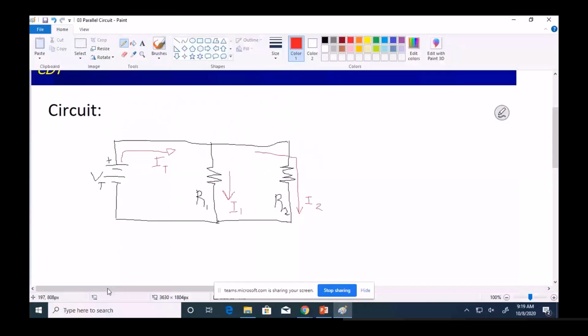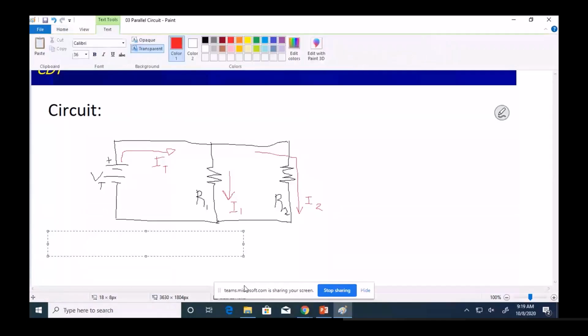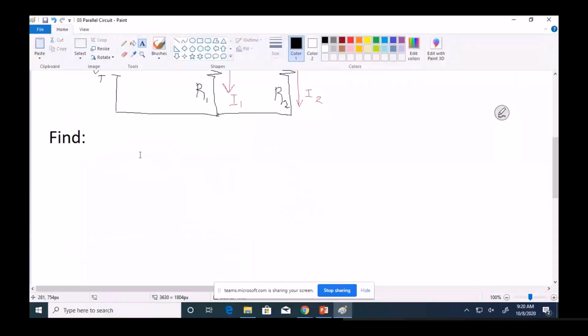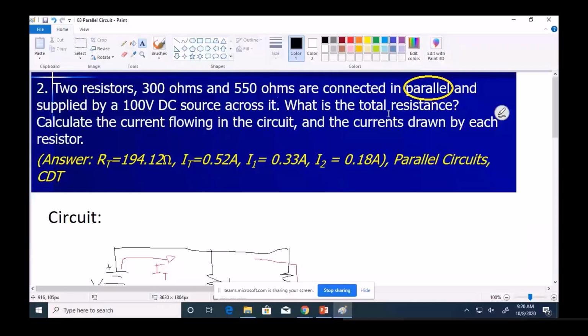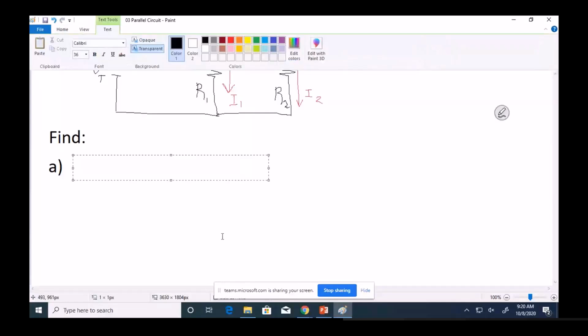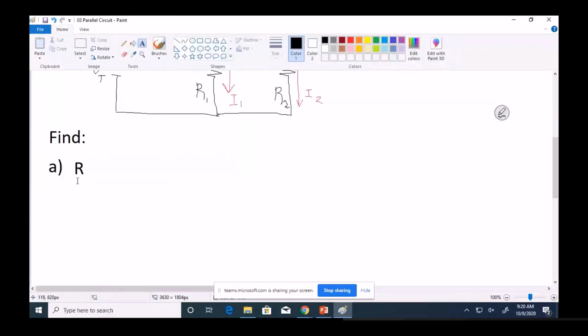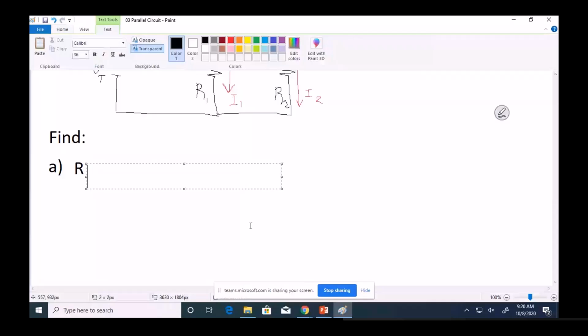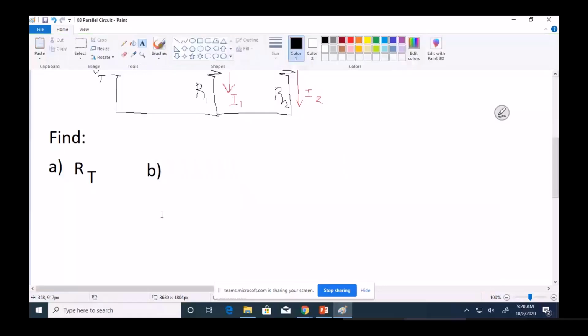Now we have to identify what we are going to look for. The first question is what is the total resistance? So A, R total. And B, we are looking for what? Calculate the current flowing in the circuit.